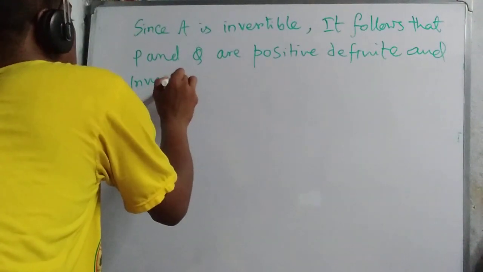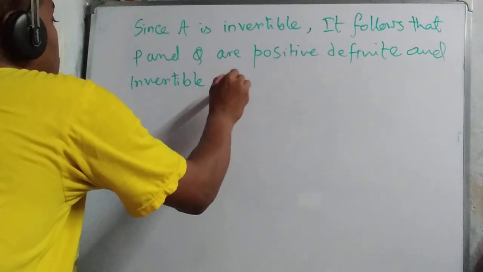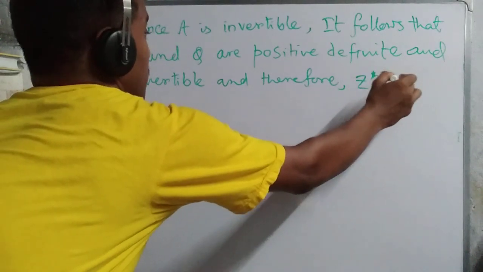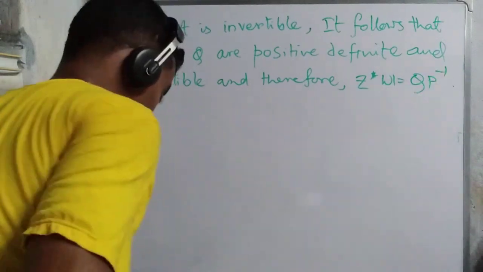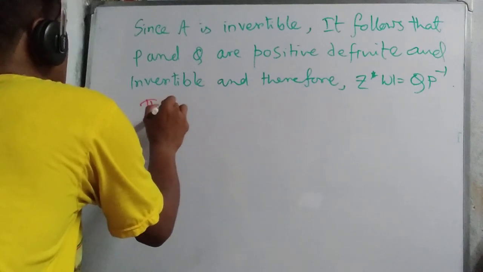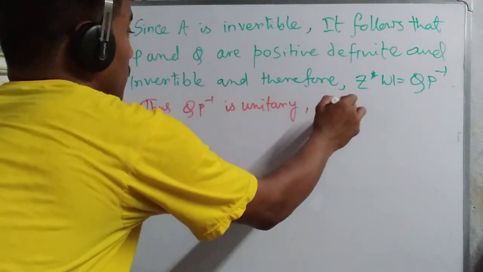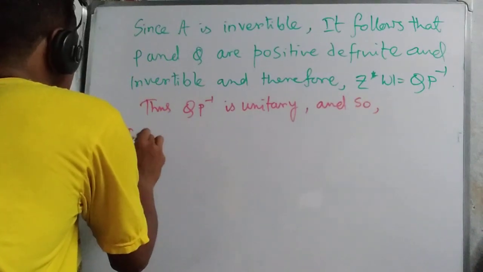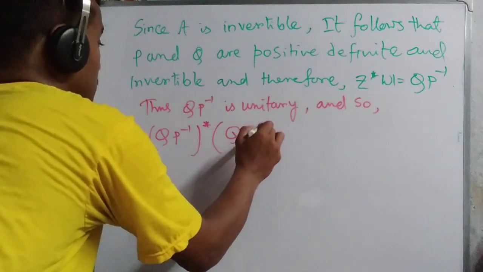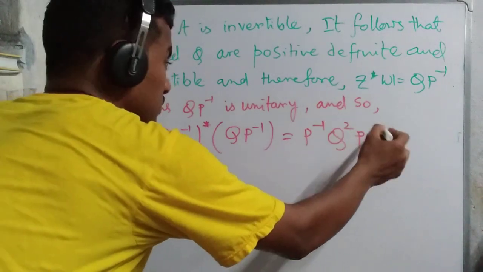Therefore Z star W equals Q P inverse. Thus Q P inverse is unitary, and so I equals Q P inverse star times Q P inverse, which equals P inverse Q square P inverse.